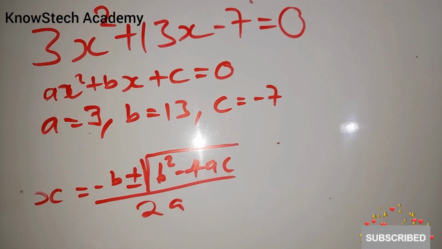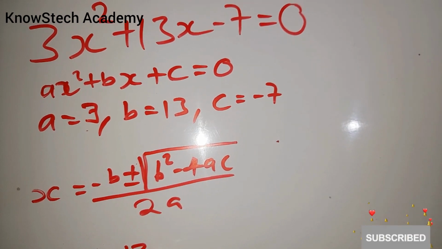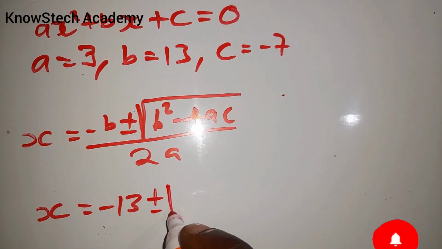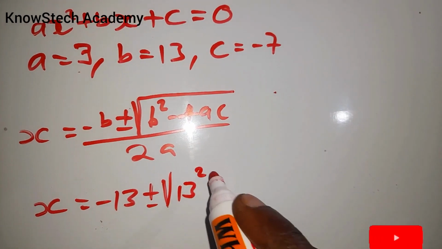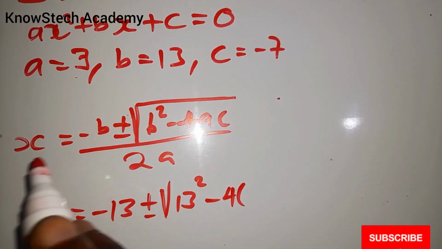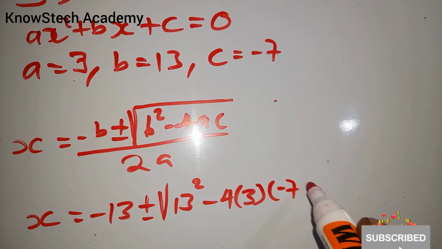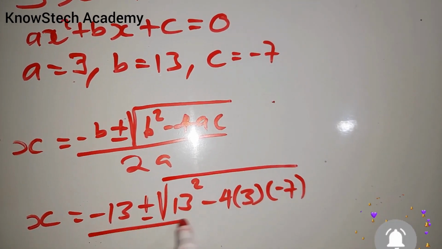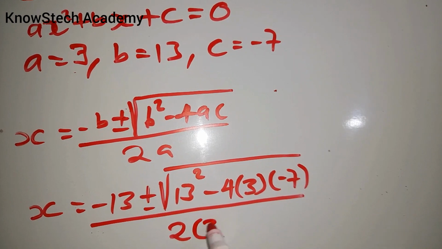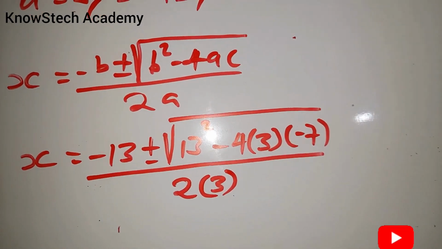It's just a matter of substituting. x is equal to negative b, and b is 13, so it becomes negative 13, plus or minus the square root of 13 squared minus 4 times a, which is 3, times c, which is negative 7, the whole of it over 2 multiplied by a, which is 3. So we've just substituted here.